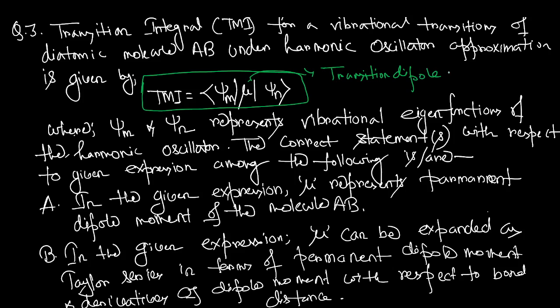Now the transition dipole is not the actual permanent dipole. It means something else. What is the maximum value possible for the transition moment integral?